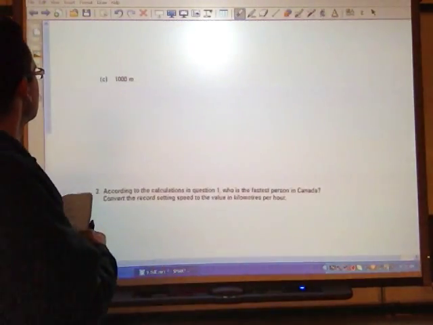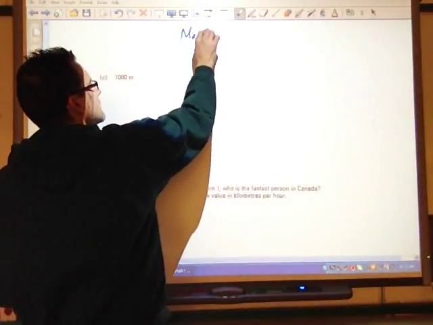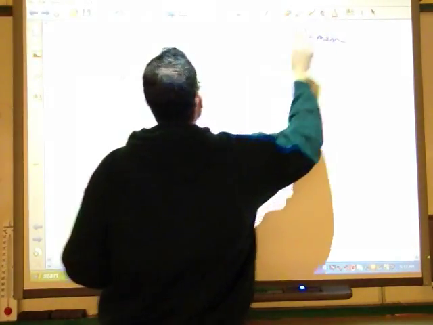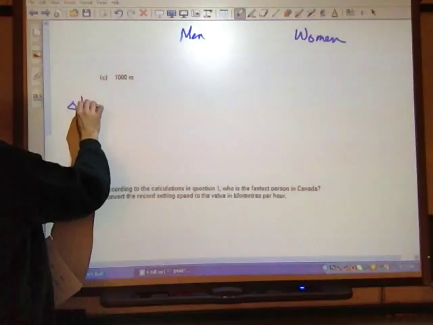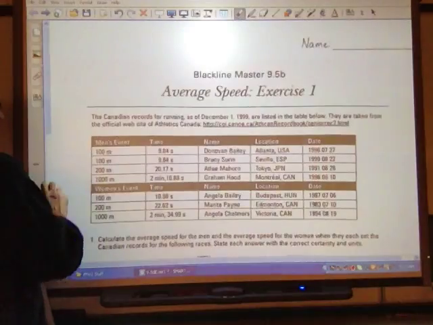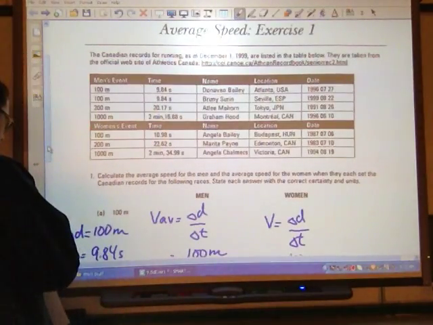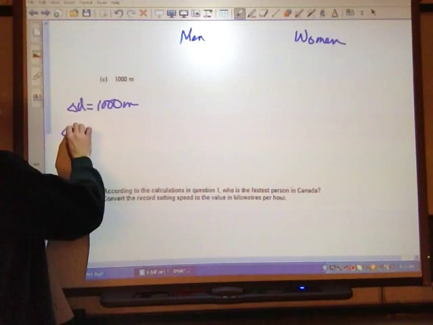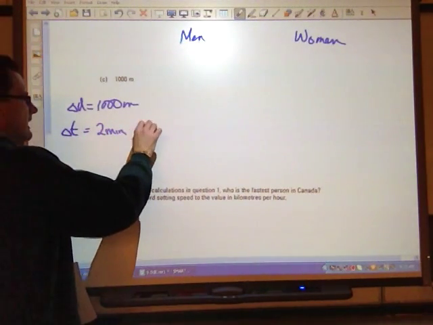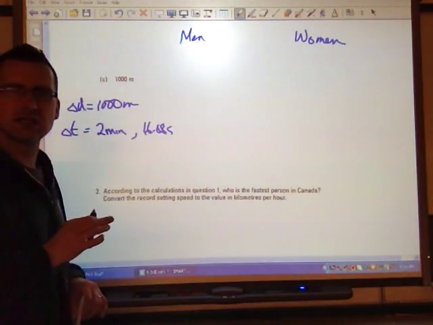With this one, the 1,000 meter, if I look at the men, once again, we're going to figure out the men and the women. So over here we have 1,000 meters. If I just work out the guy's time here, Graham Hood, 2 minutes, 16.88 seconds. We should change that into seconds.